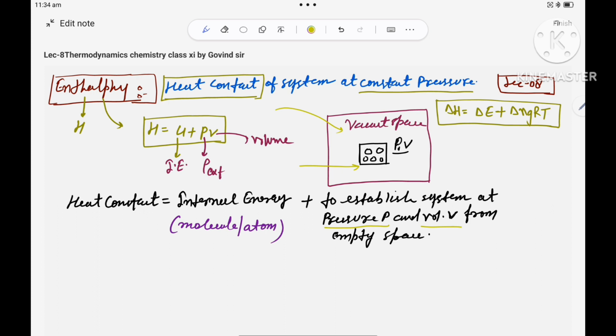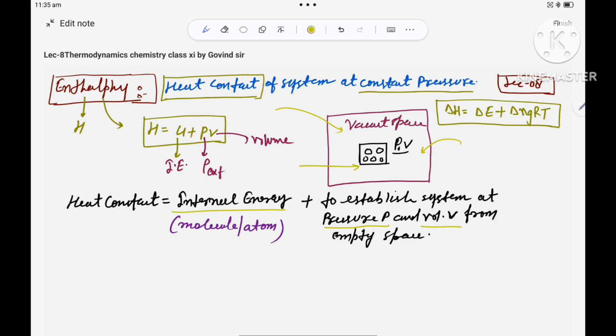You have to do something for that. You have to create that pressure, that volume. So the sum of internal energy and that second part, to establish the system at pressure P and volume V from empty space, is our heat content of the system.